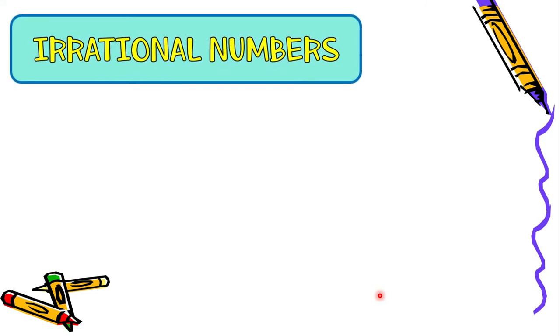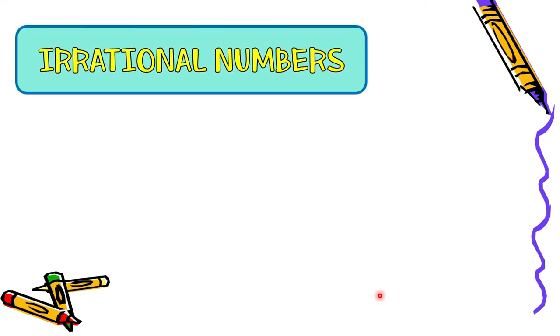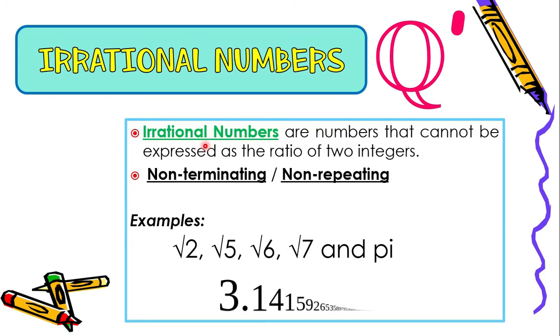Now, for the opposite of rational, we have irrational numbers. For the representation, we have Q prime, or Q with an apostrophe. Irrational numbers are numbers that cannot be expressed as the ratio of two integers. Those are non-terminating and non-repeating numbers. Examples: square root of 2, square root of 5, square root of 6, square root of 7, and pi.